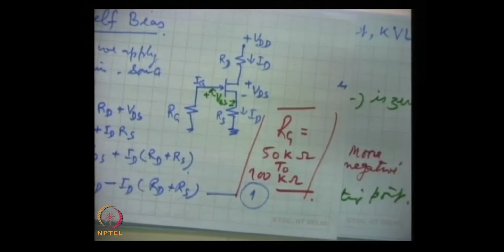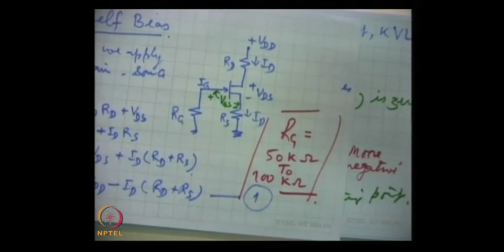So, all the shortcomings of the fixed bias are removed in this self bias circuit, and this is widely used with the junction field effect transistors, and it can be used for the depletion MOSFET also, because there also the proper sign of the voltage required is this. We will continue.